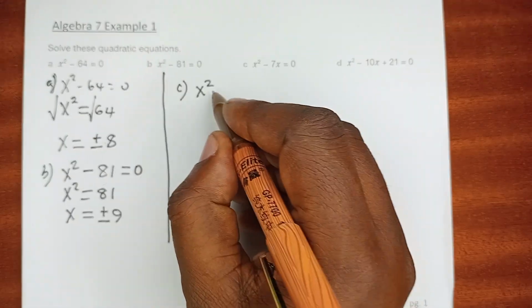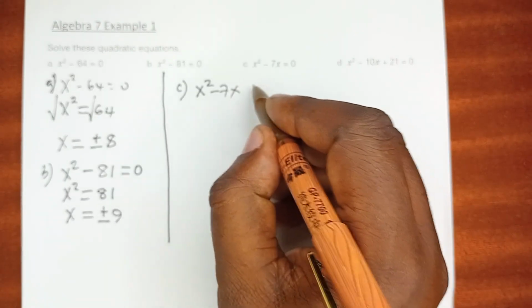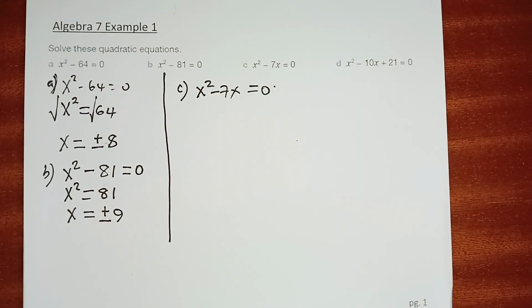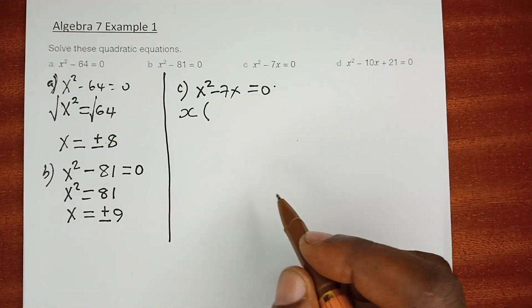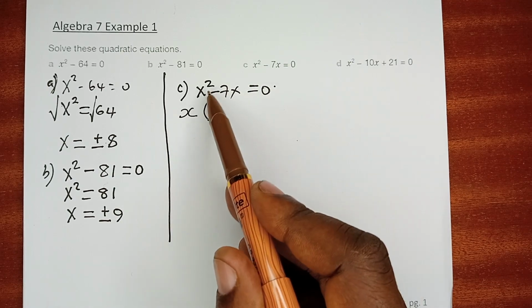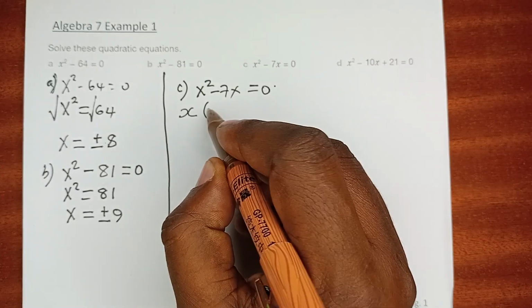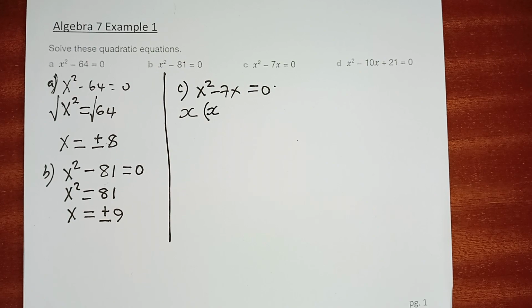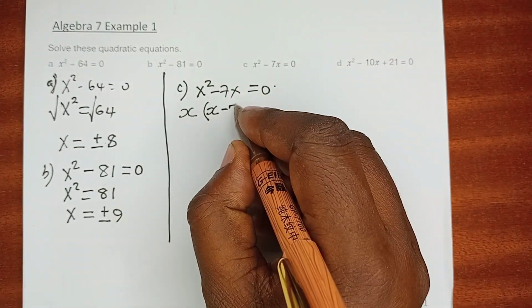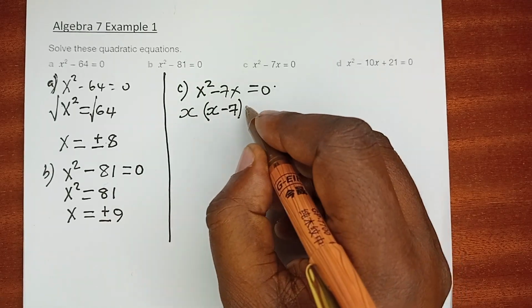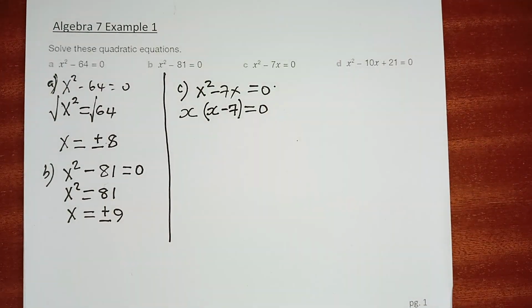x squared minus 7x is equal to 0. First of all, we must note that x is common in the two terms, and therefore we must be prepared to put x outside the bracket, so that inside the bracket we have x squared divided by x, which is x, and then minus 7x divided by x is minus 7, close bracket, is equal to 0.